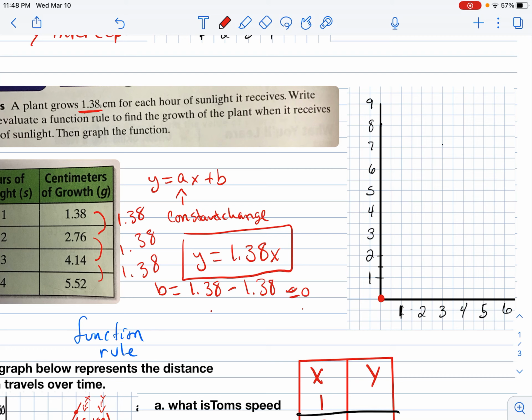We're going to go over to 1 and up to 1.38. It's going to be roughly there. Okay, then at 2 we had 2.76. So it's roughly there. And then at 3, 4.14. Okay, and I can keep graphing, but at this point I'm just going to draw my line.